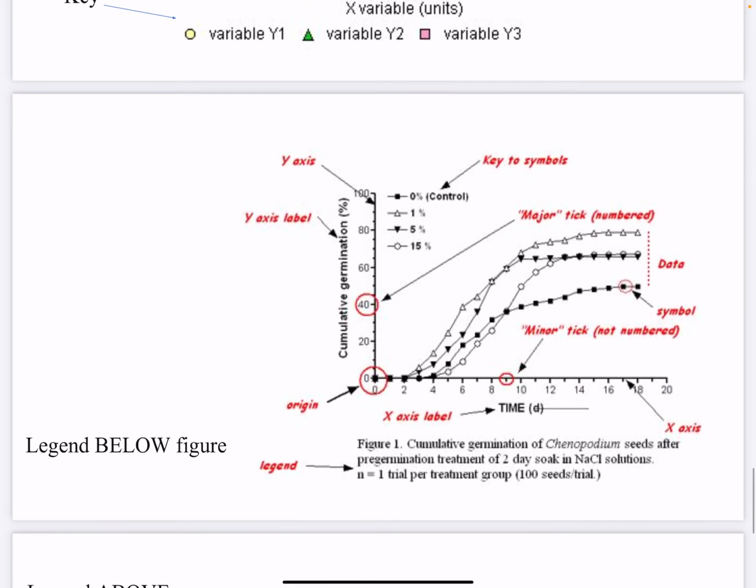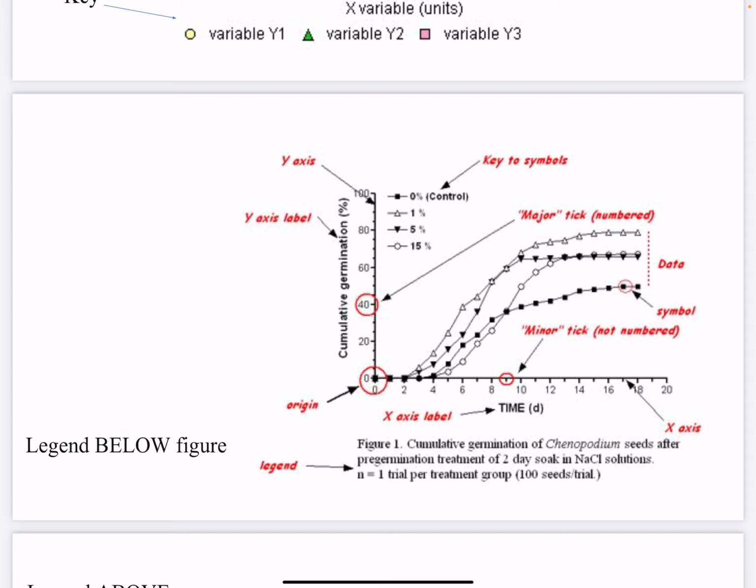So just kind of looking at the figure. Again, here we have a y-axis label, origin, x-axis label. We have the data. We use symbols for the data. We have a key if there's multiple symbols used for the data, which you will be using if you're comparing across the heart rate, so a key is necessary. And then the figure legend goes below the figure.